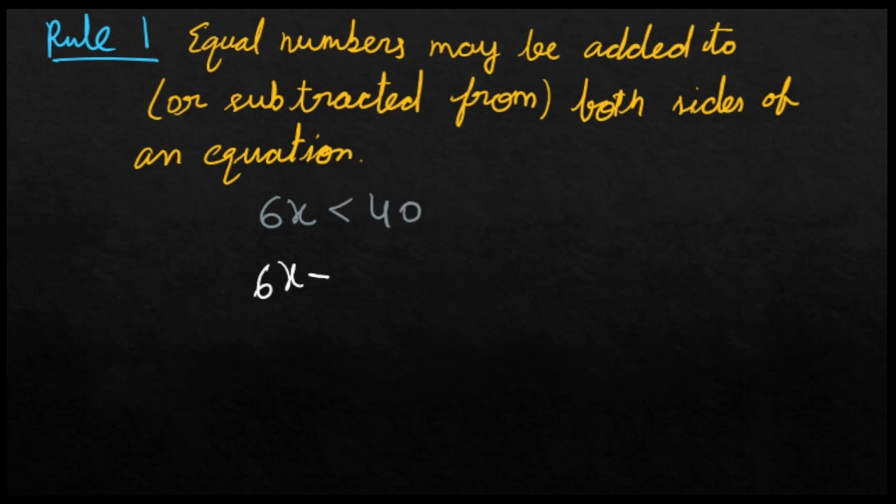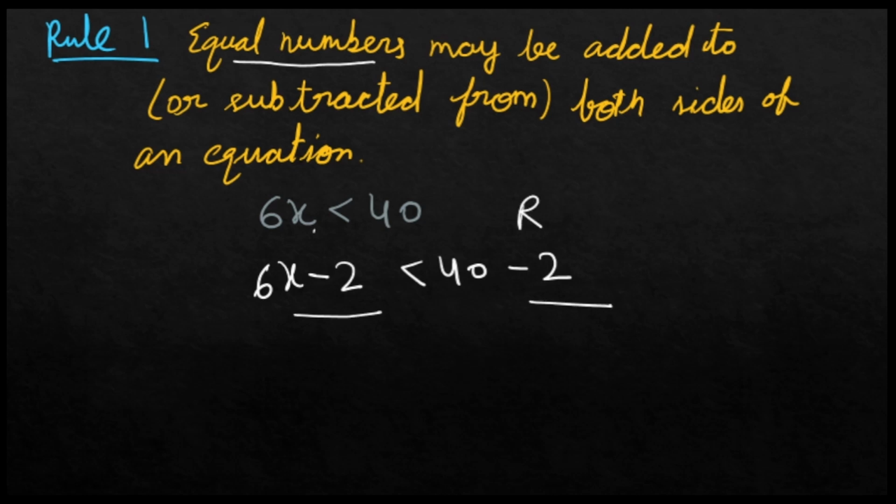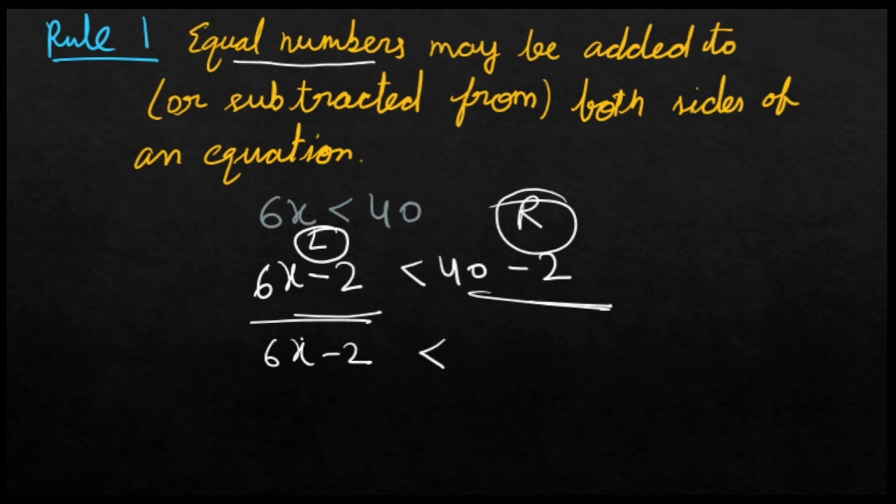I can subtract any number, suppose 2, from both sides of this expression, or if I want to add, that means equal numbers may be added to both sides, the right side and the left side. So we have to add or subtract equal numbers. You cannot do it if you write -2 here and -3 on the right side. That will be a wrong method.